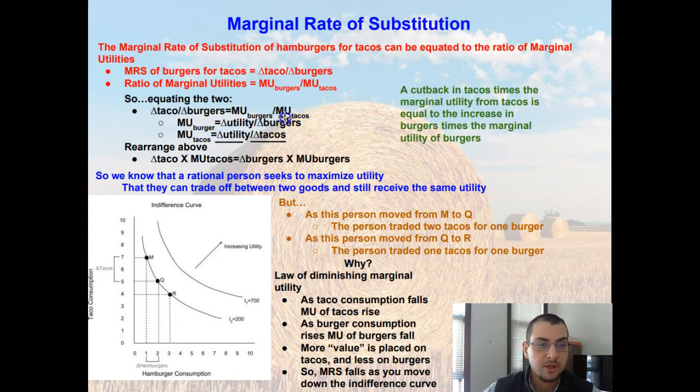So if we plug both of these into this equation right here, we find that we have the change in utility over change in burgers, divided by the change in utility divided by the change in tacos.